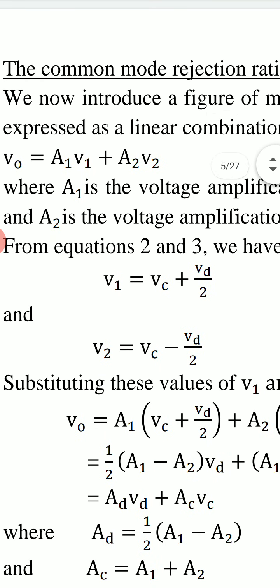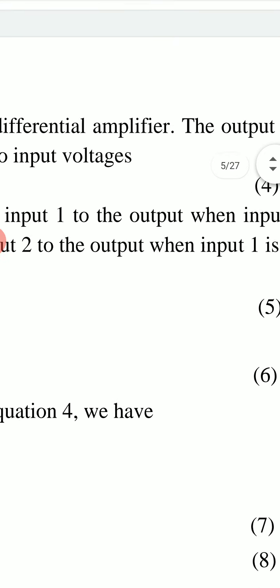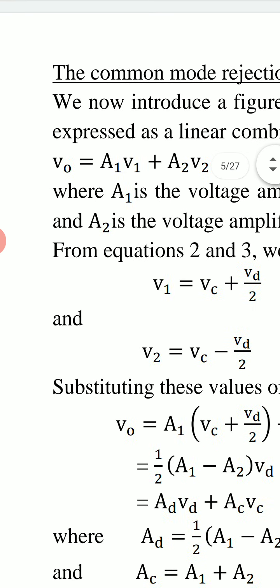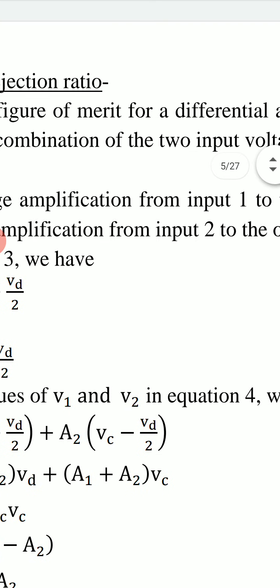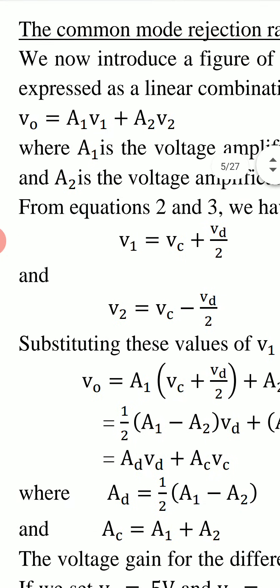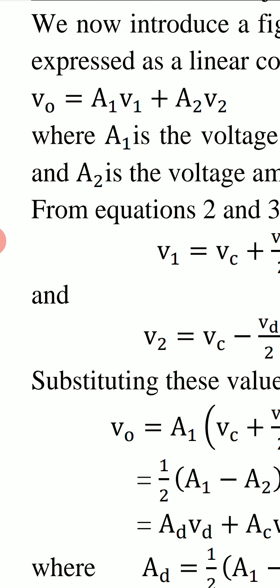If we now introduce a figure of merit for a differential amplifier, the output of figure A can be expressed as a linear combination of the two input voltages V1 and V2.